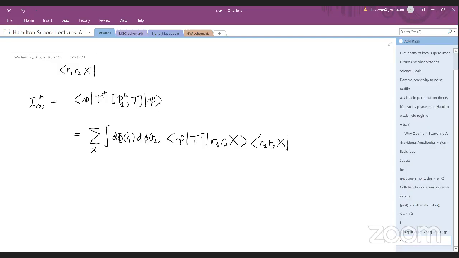But here, since we're just doing a complete sum, it's easiest and most convenient to do this in terms of plane wave states. Also, we don't have to go through the trouble of trying to find wave functions that give us a complete set of states.